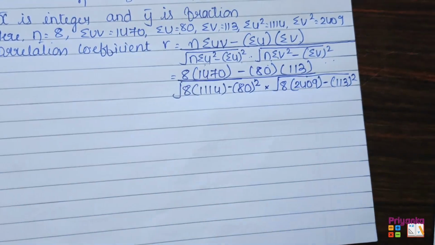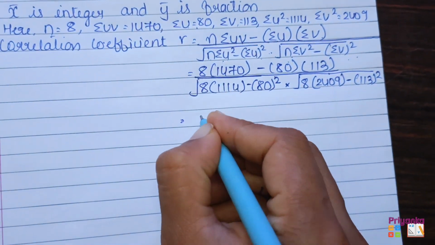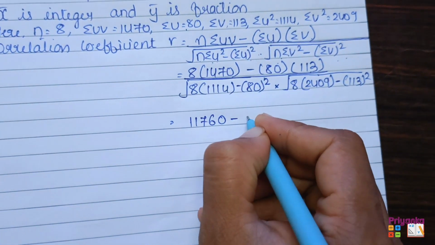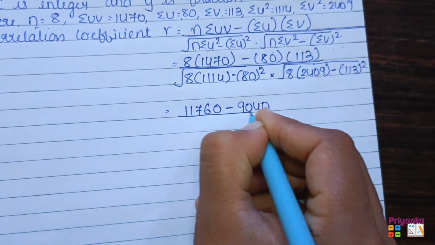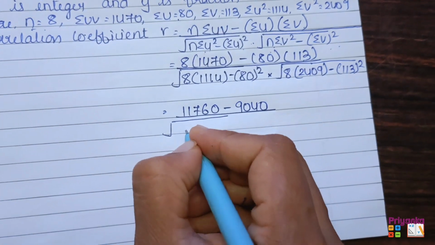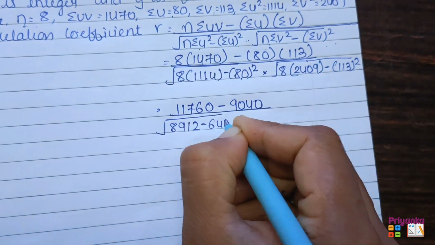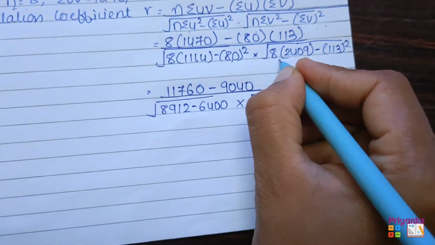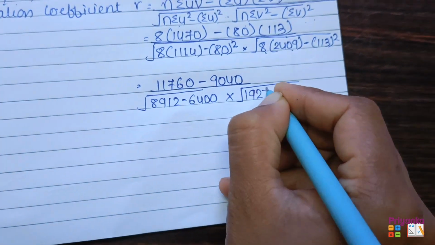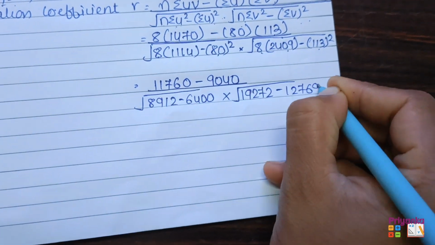After putting the value, just remove the calculation. 8 multiplied by 1470, that is 11760, minus 80 into 113, you will get 9040, under root 8 multiplied by 1114, you will get 8912, minus 80 into 80, 6400, multiplication, the another root 8 multiplied by 2409 will be 19272, minus 113 multiplied by 113, 12769.